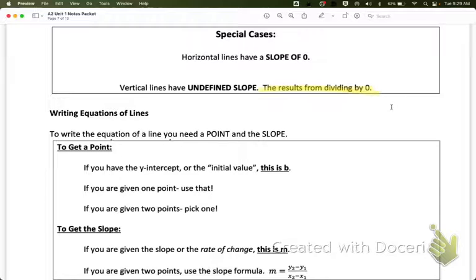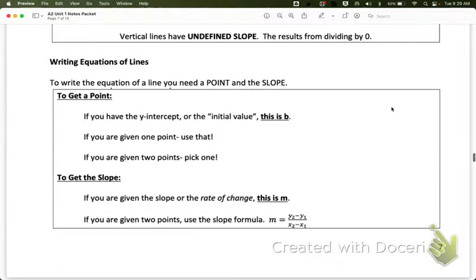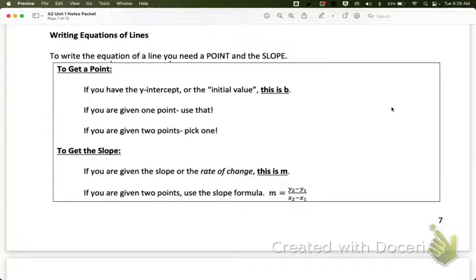Once we have the slope, we can write the equations of lines. And so depending on what we've been given, we need at a minimum a point and the slope. So if you need a point, there's several things they could give you. If they give you the y-intercept, which is always the initial value, then that's b. So you have the y-intercept, you can start from there. If you're given 1 point, then that's the one that you want to use. And if you're given 2 points, that's even better, but we only need 1.